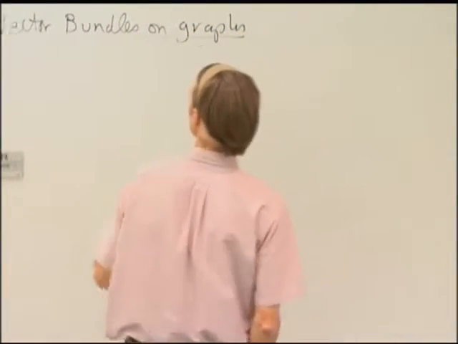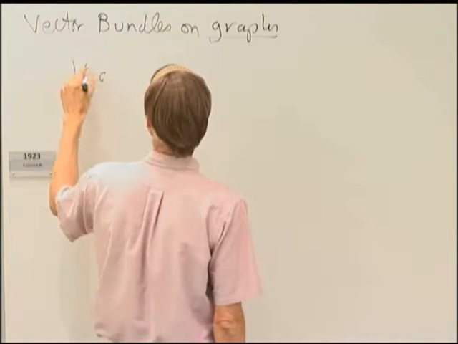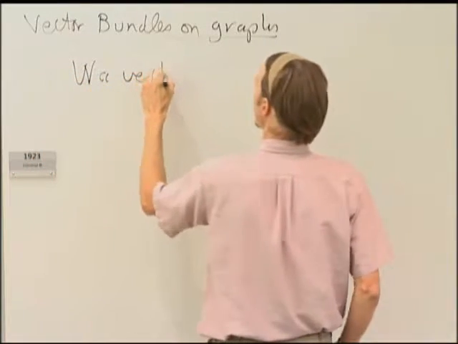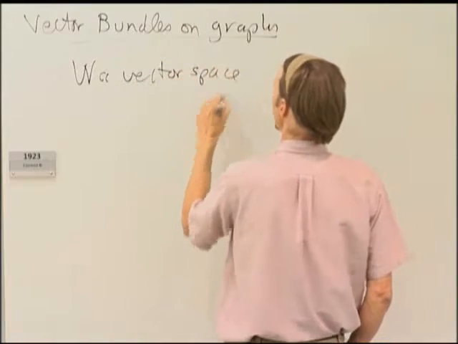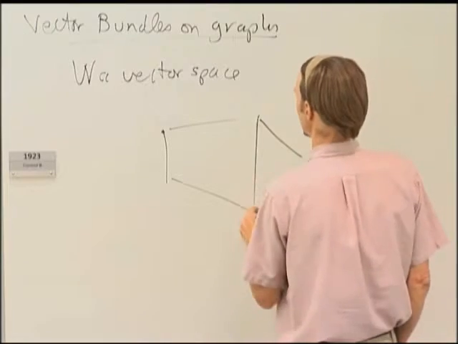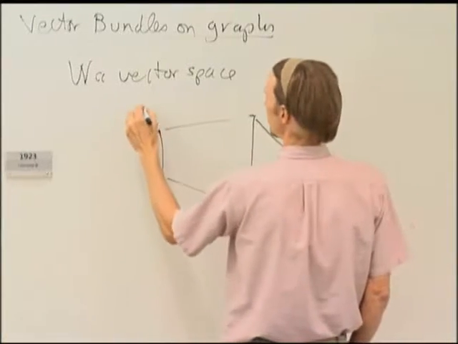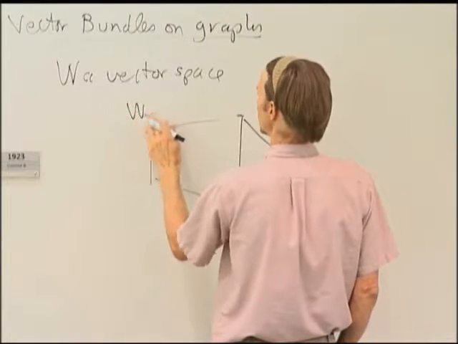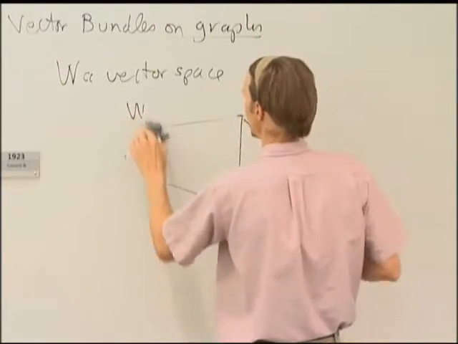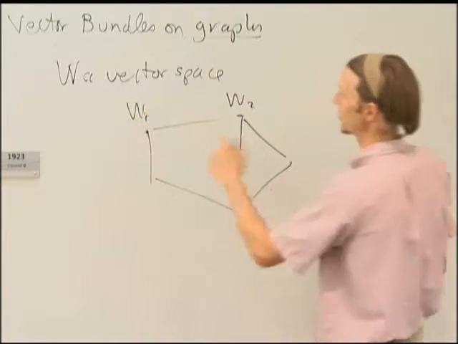So what's a vector bundle on a graph? Well, I'm just going to start with a vector space, W. And if I have a graph, I'm going to associate to every vertex a copy of W. So W1, W2, and so on. It's just an isomorphic copy of that vector space.